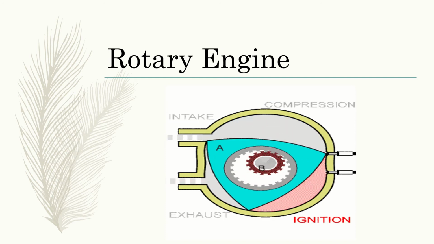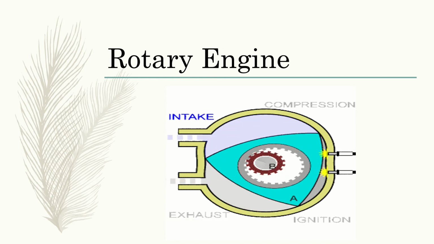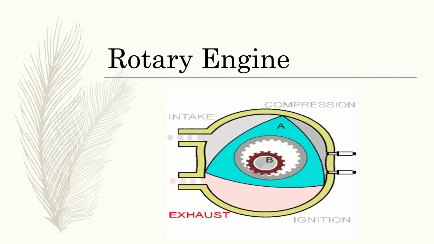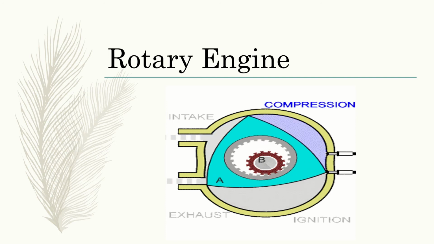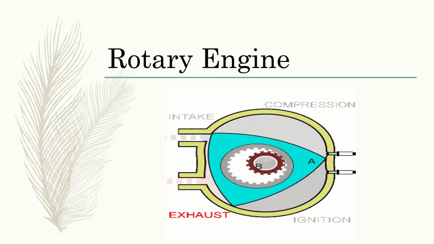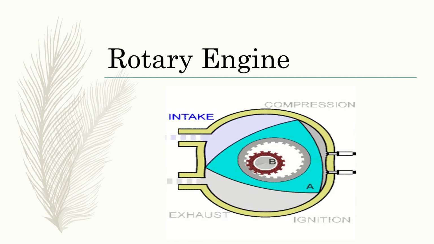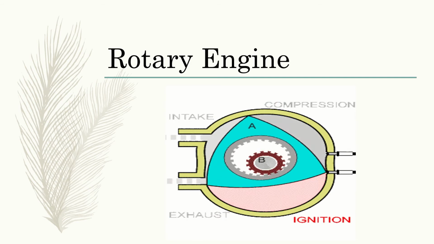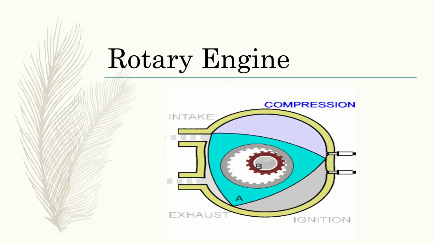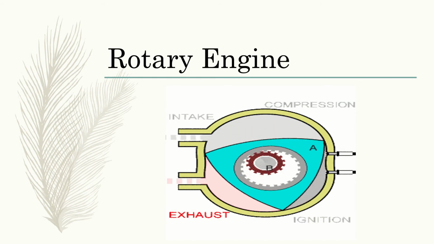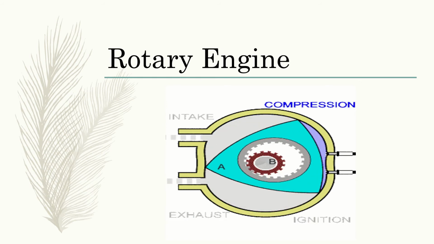So first is the intake. So here in this sample figure, the intake initiates when the tip of the rotor passes the intake port. At this moment, the chamber is at its smallest, and as it rotates, the chamber expands, drawing in the air-fuel mixture.